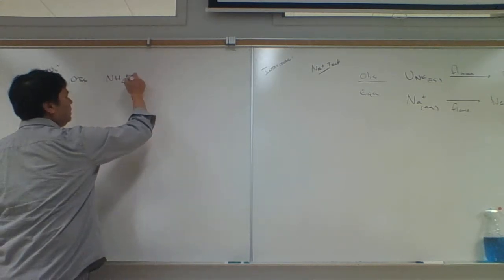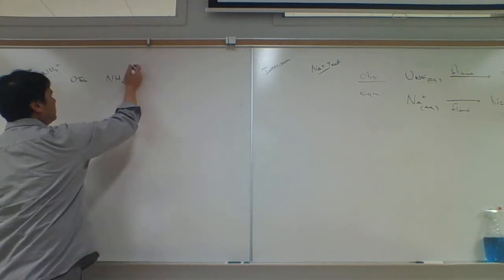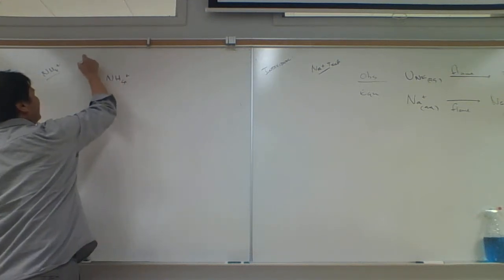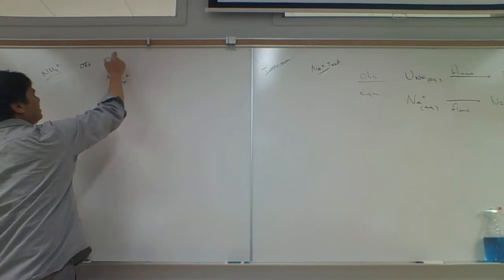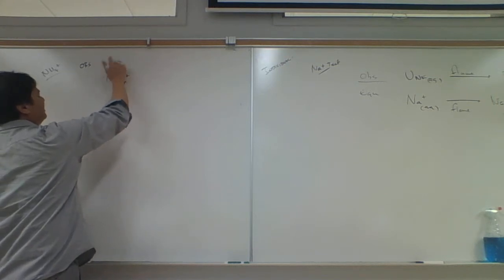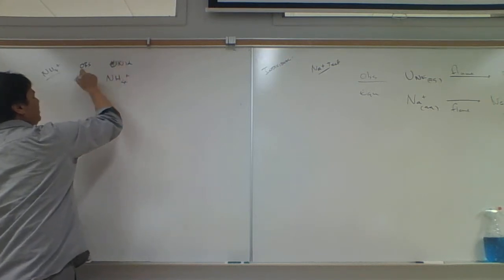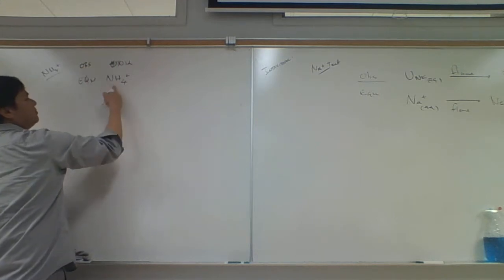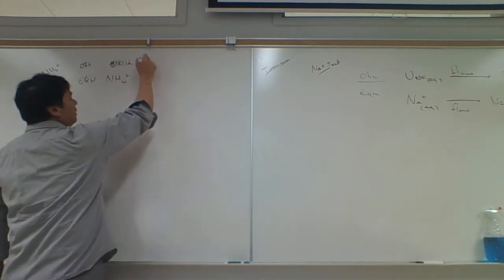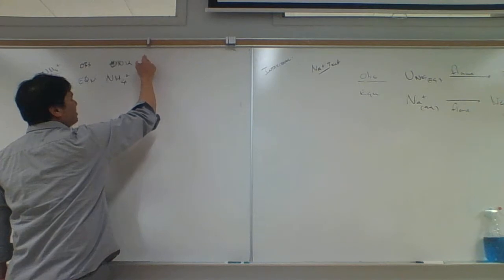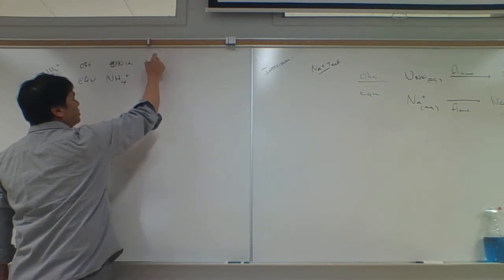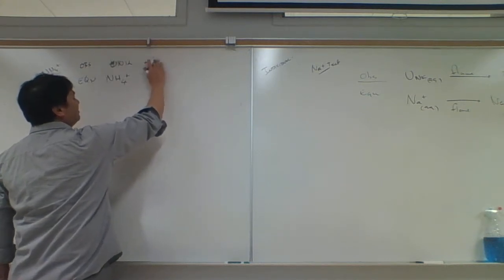We're going to take our, actually the observation's not like that, sorry. Our observation's like this. What we're going to do is take our unknown, and if our unknown contains ammonium, we're going to react it. Since ammonium's an acid, we'll react it with some base, like sodium hydroxide.